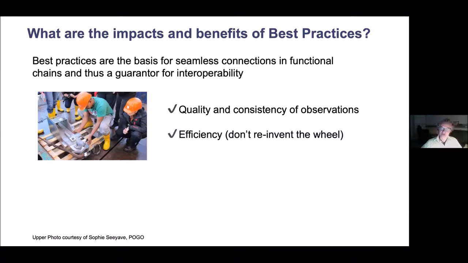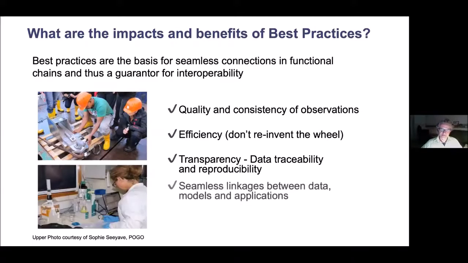They also ensure efficiency because you do not need to reinvent the wheel or measure the same thing again. They also make sure that there is transparency and data traceability, reproducibility across all different levels of observing. They also ensure a seamless linkage between data, models, and the applications that come out of the data and the models. And of course, best practices are also a resource for training and capacity development.